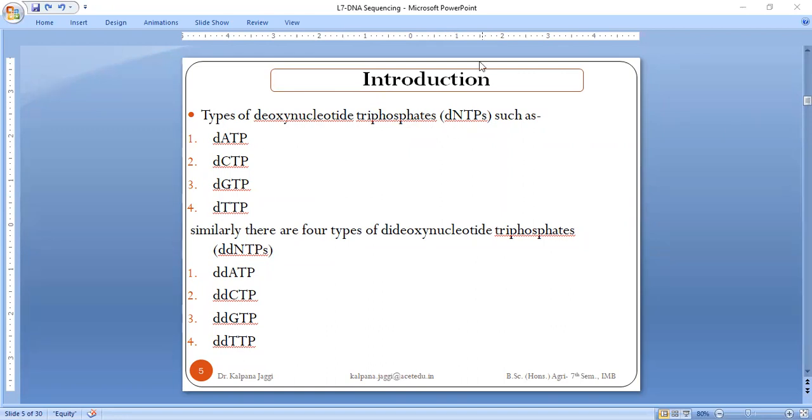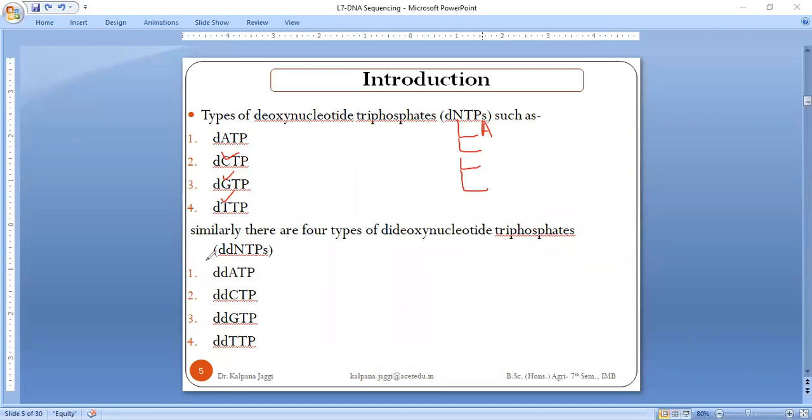Nucleotides are of four categories. If we restrict ourselves to DNA, those four include adenine, cytosine, guanine, and thymine, right? If there are four deoxynucleotides, then obviously there are going to be four ddNTPs also.